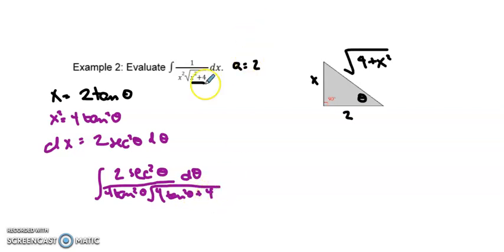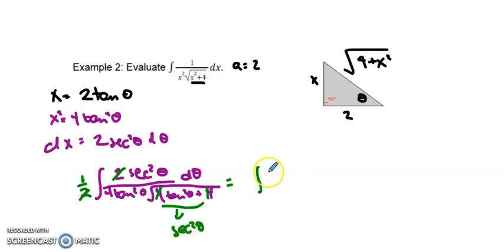So now I work all the simplification. First, I can pull out these 4s, make those 1s. That brings a 2 out in front, but in my denominator, that will cancel with this 2. And then I've got tangent squared plus 1, which is in fact secant squared, and when I square root that, it'll just go to secant.